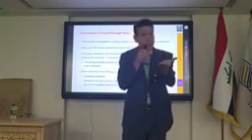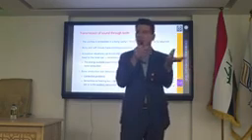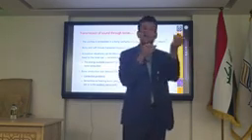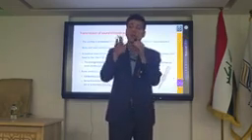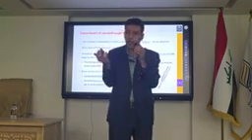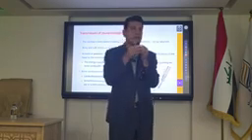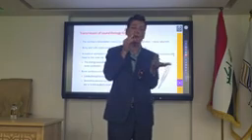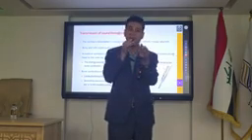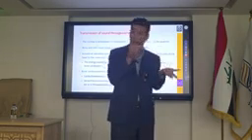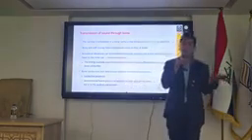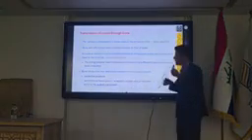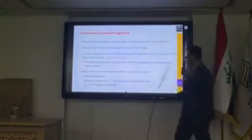Maybe there is a problem in the middle ear. We call this conductive hearing loss. But if the patient is not able to hear the sound, this means there is a problem in the inner ear, maybe in hair cells, maybe in fibers, maybe in the CNS. So it's different from conductive hearing loss. We call that sensorineural hearing loss.